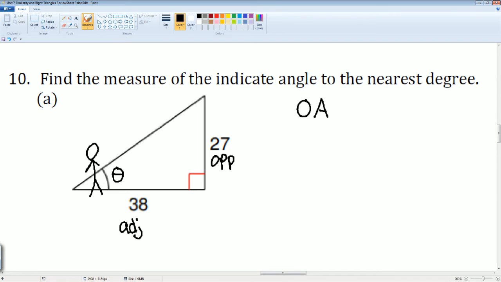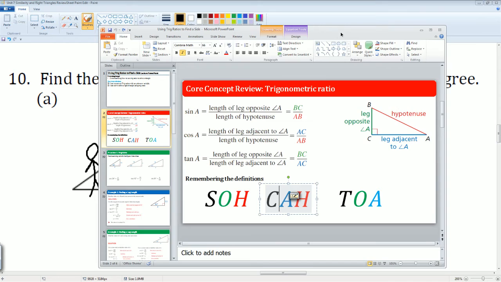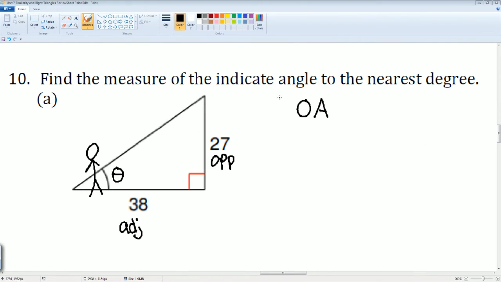Now we look at our trig ratio. Our trig ratio that we have here is TOA, O and A, so it's tan. So we write TOA. This tells us it's tan.